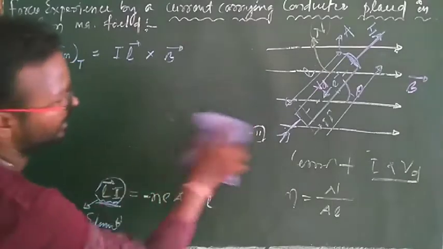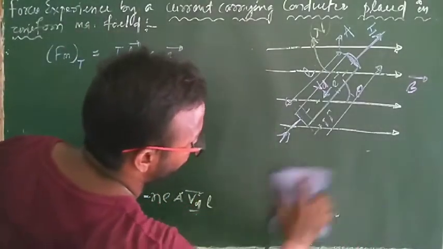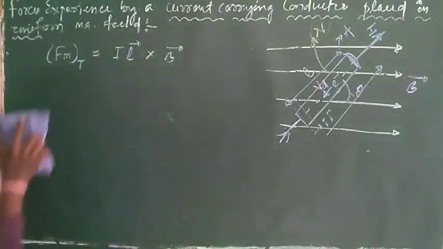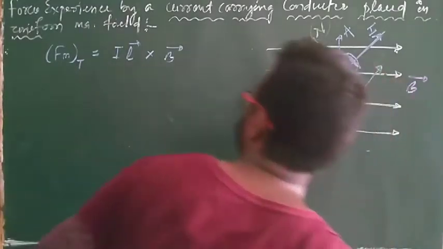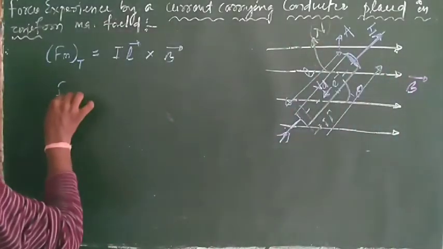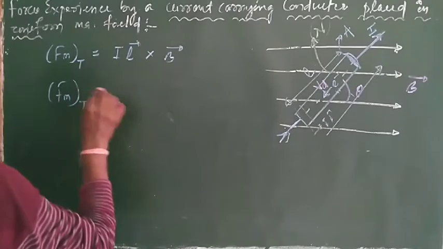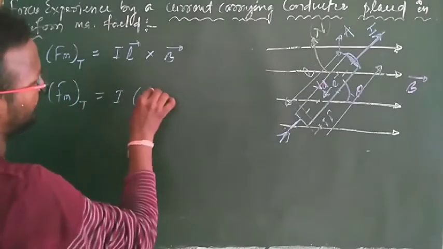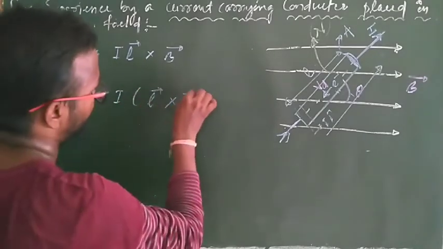So the total force experienced by a current carrying conductor placed inside a uniform magnetic field will be I into L cross B.